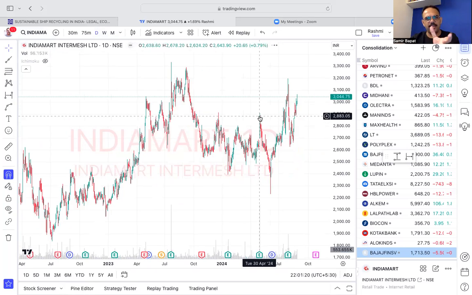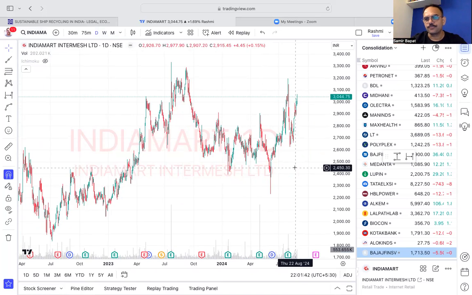It should look beautiful also to our eyes. Trade the patterns which you can easily recognize. As soon as you see, you should be able to recognize. Yes, this is a triangle. If it is too much hazy, don't trade that, because that may not give very clean breakout.